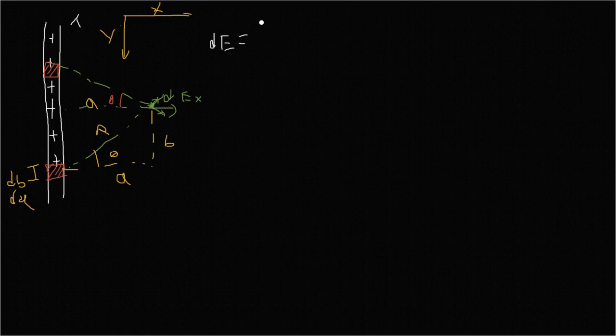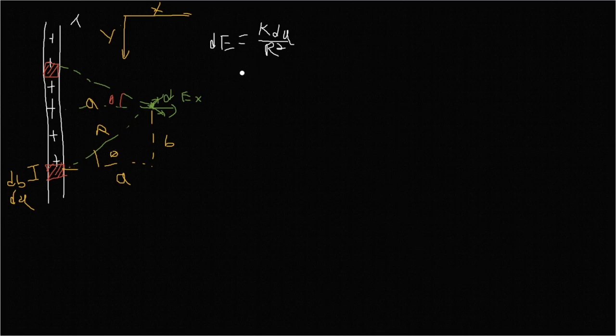We're doing this at an infinitesimally small level, for the tiny change in electric field and the tiny change in charge. So we're going to do dq over r squared. And now we need to try and find what this r is.